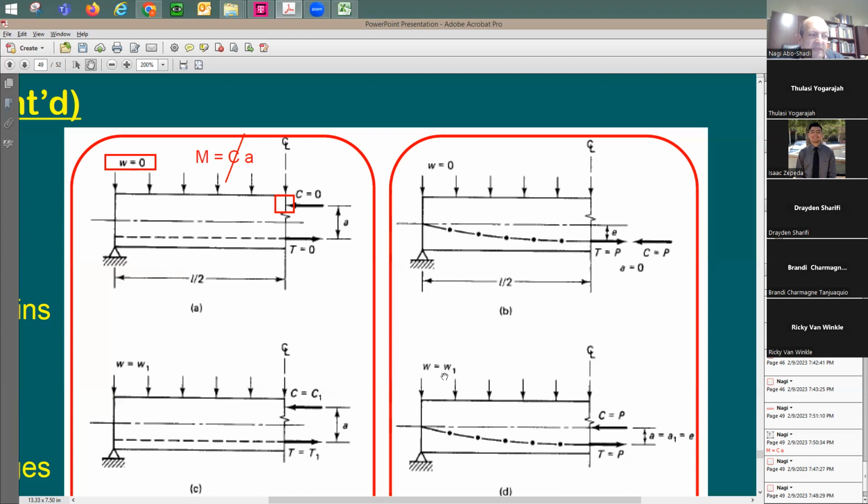Now I'm going to start to apply some load. What's going to happen? The moment is going to have a value. And the moment, again, is going to be equal to T or C multiplied by the moment arm. The T or the C is constant because it's going to be equal to the pre-stressing force that you put in there. So what's going to happen?